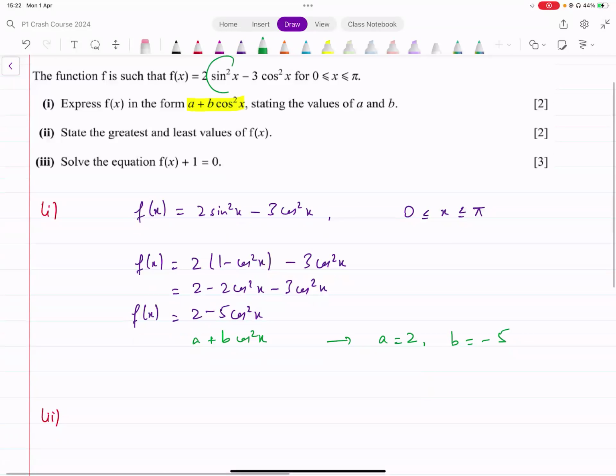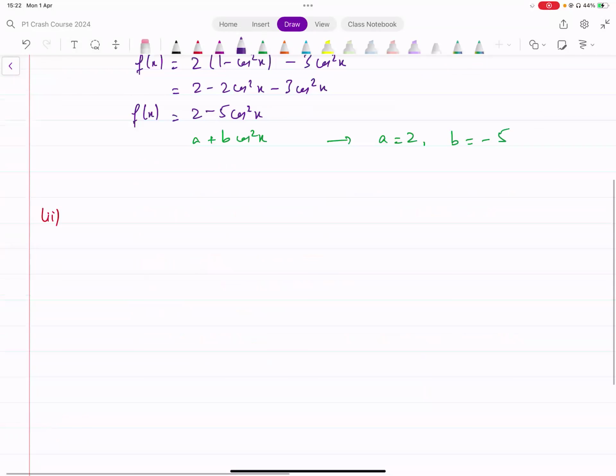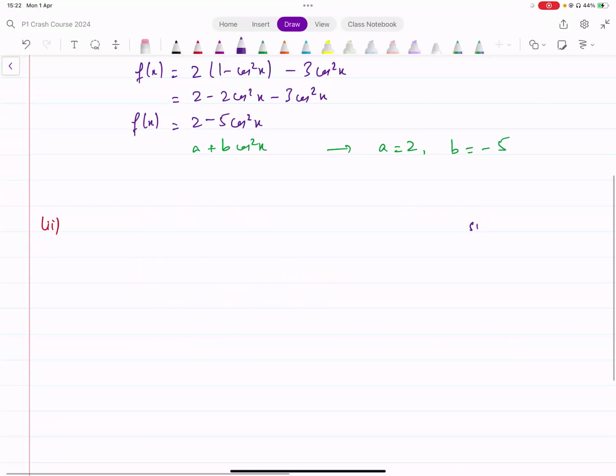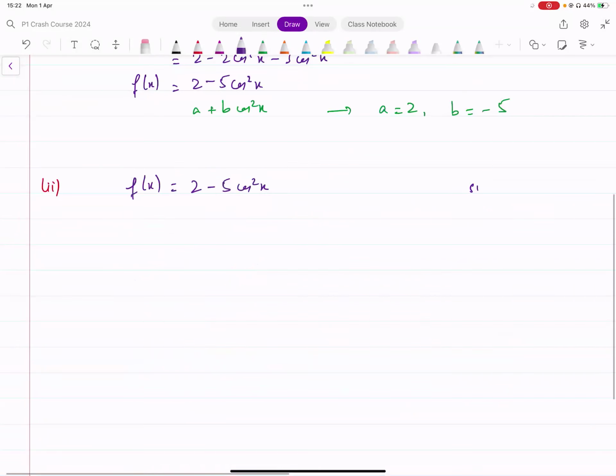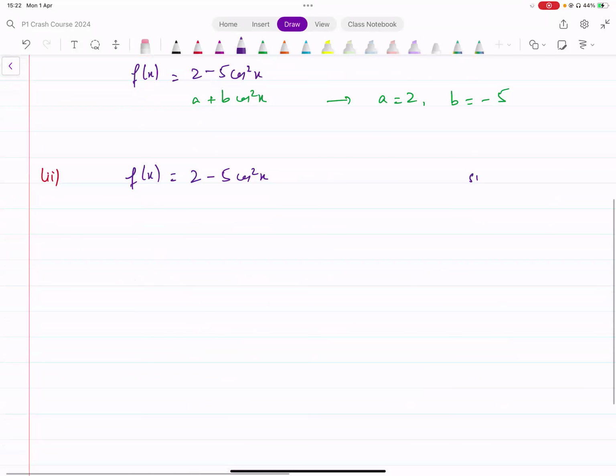Now we have sine square and cos square. Now, first of all, remember, we have already converted this function to this form, 2 minus 5 cos square x. Let's use this form, and then I'll tell you why you can't use the other form. We'll talk about that. But first, since we've already converted it to this form, 2 minus 5 cos square x, let's use this form to find the range of the function.